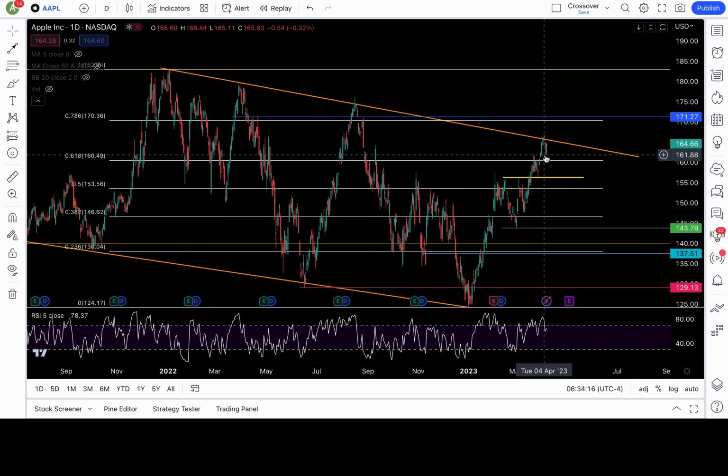If this bounce is strong, it'll break out, clear resistance at 165.6. Maybe we could see more upside. 167, 170.3. Okay, there is a gap around 171.3-ish, 171.4-ish, okay?